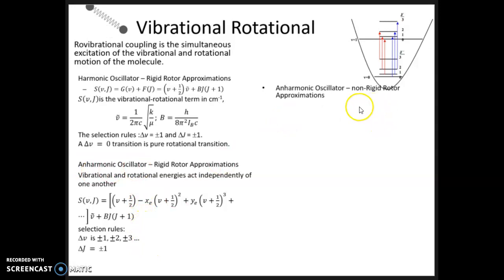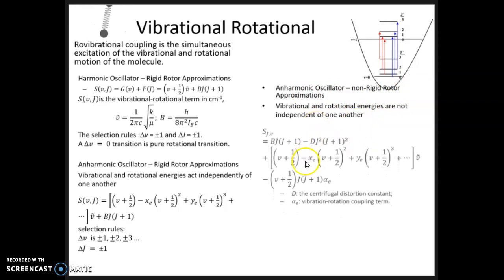Then in the third case, we can have an anharmonic oscillator with the non-rigid rotor approximation. In the two previous cases, the vibrational and rotational energies were treated separately, like the Born-Oppenheimer approximation. However, in the non-rigid rotor, if you recall, vibration affects rotation.